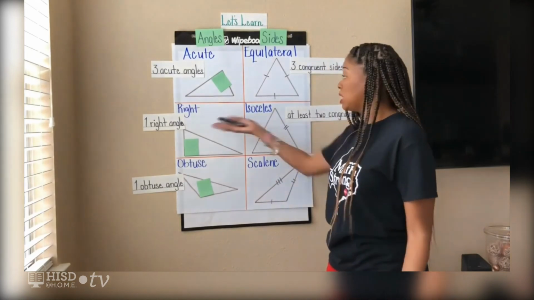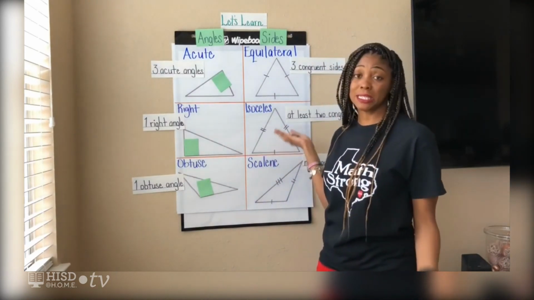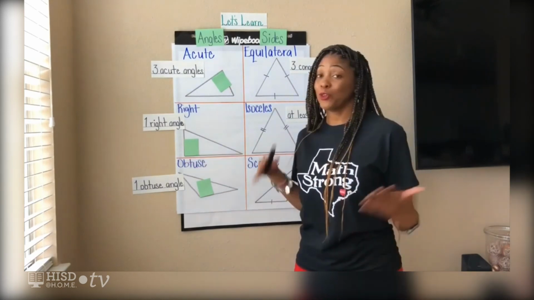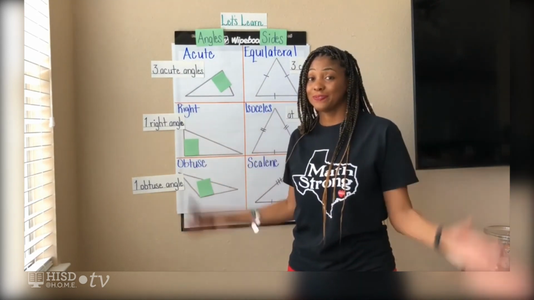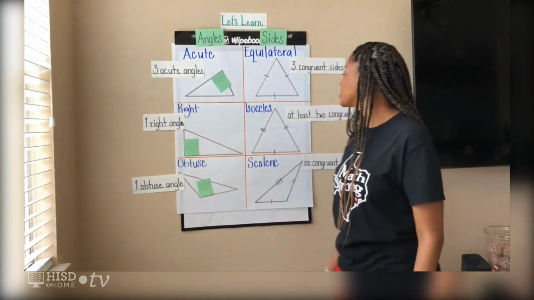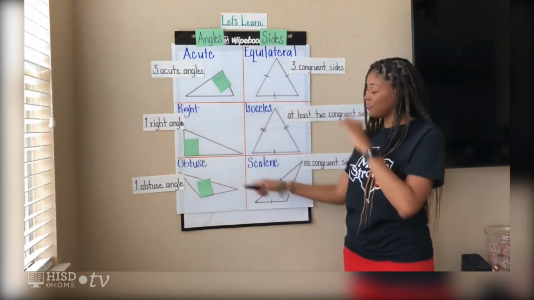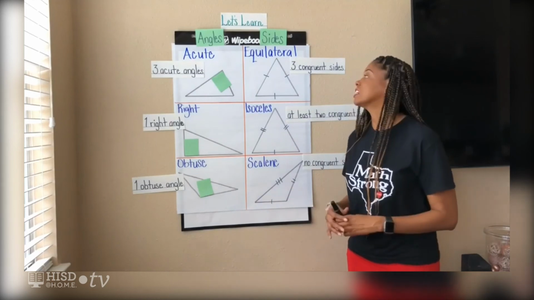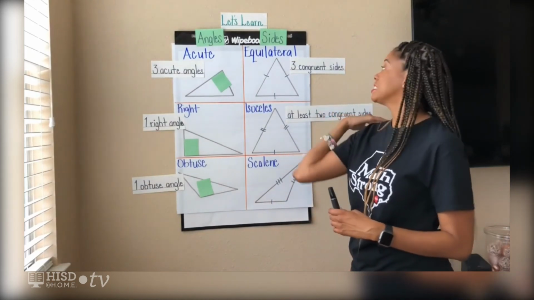So a right triangle can also be isosceles, because it could be 90, 45, and 45. I know, it's so simple. But then they could also be different, so it could also be a scalene. It could be anything. And that's the one thing we have to pay attention to.